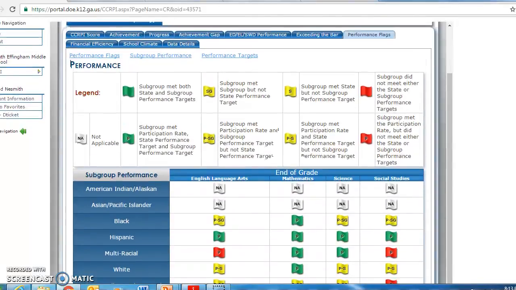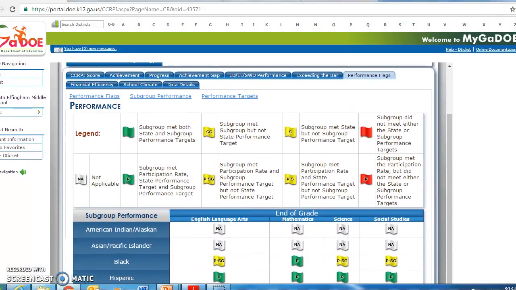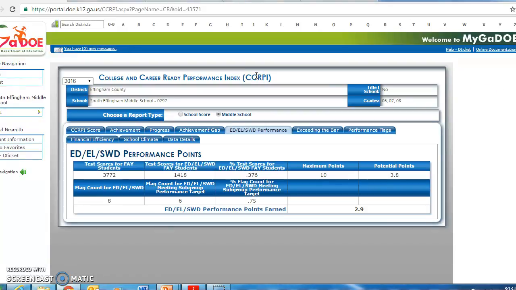Those are the two areas where we did not meet our performance targets, and then you saw that those performance targets are going up so that we can meet those and receive those performance flags, so that on the performance target indicator for CCRPI, we can get the most number of points.